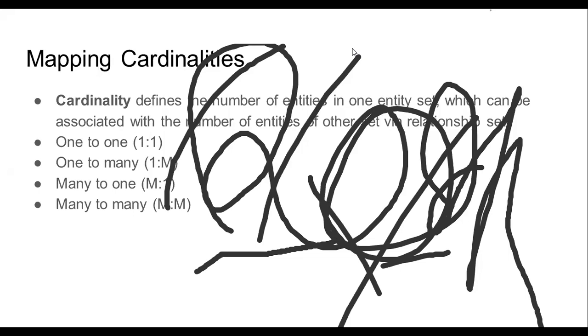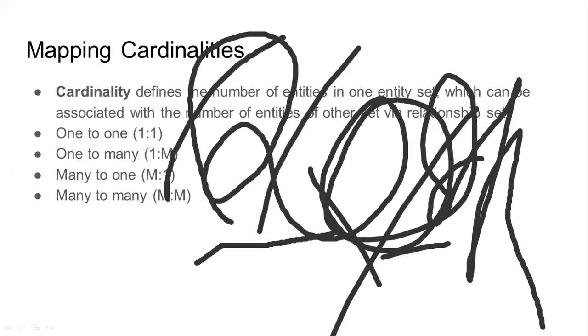Again, mapping cardinality bifurcates into 4 types: one to one mapping cardinality, one to many mapping cardinality, many to one mapping cardinality, and many to many mapping cardinality.